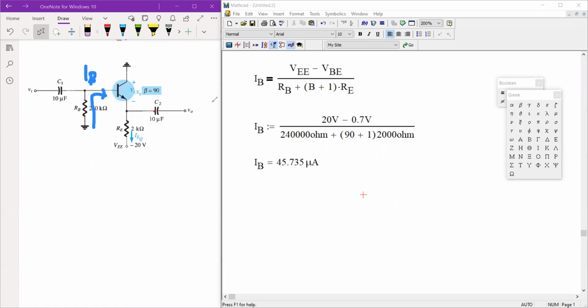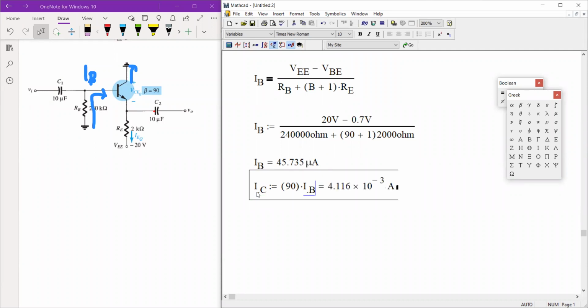Next, you can also solve for I sub C. So I sub C would be a current flowing this way, towards your ground. Using the same equation, I sub C is equal to beta times I sub B, so that's 90 times I sub B. Our I sub B is 45.735 microamperes.